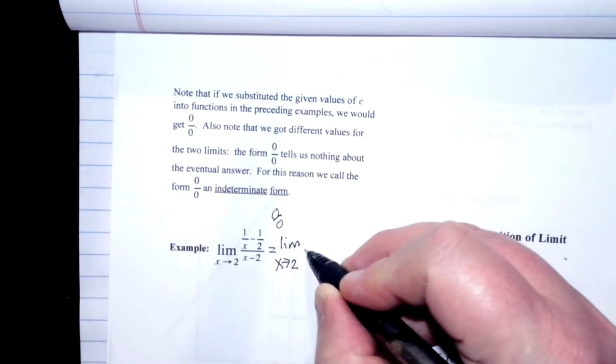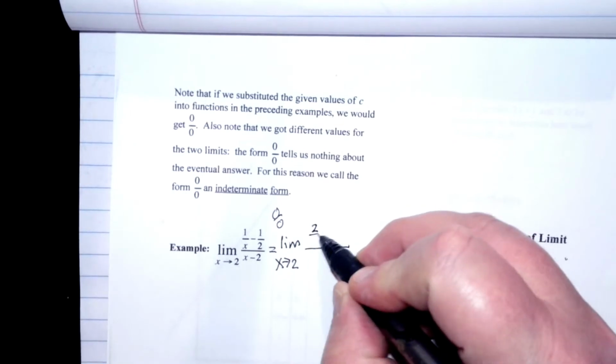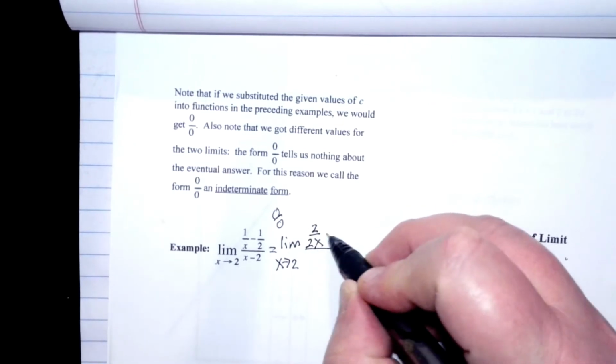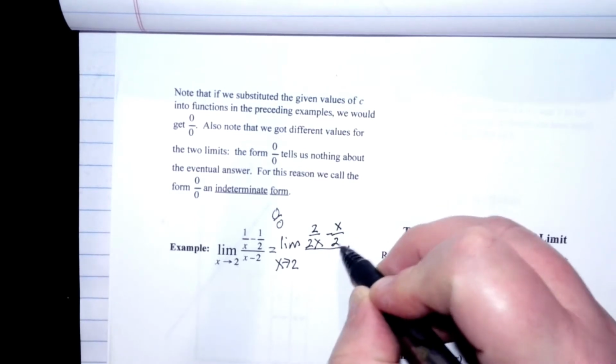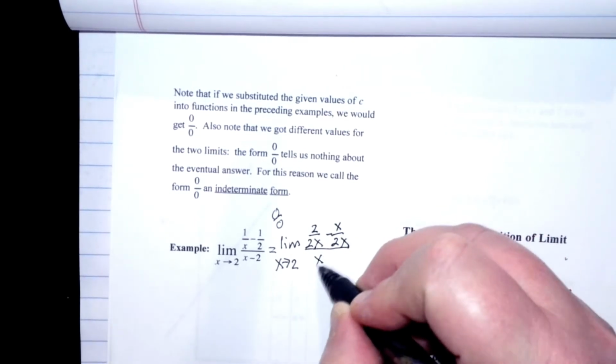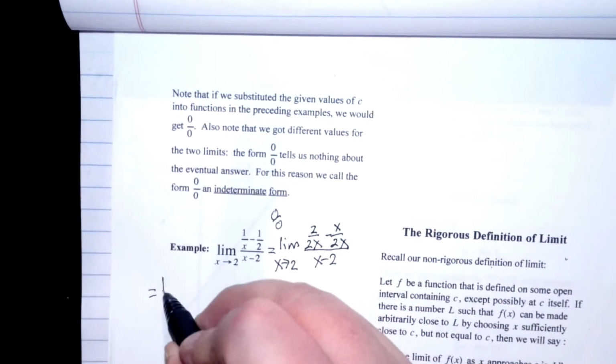Alright, so I'm going to rewrite the function, and that would be 2 over 2x minus x over 2x, and then we still have x minus 2 in the denominator, and I'm going to continue on simplifying.